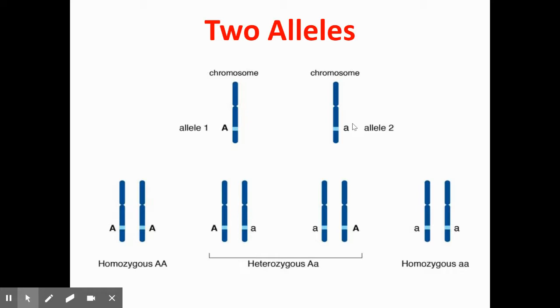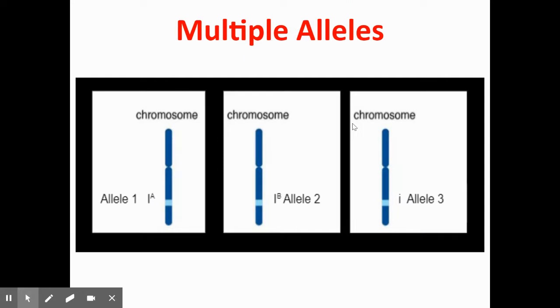Today, we're going to be looking at blood types, which is an example of multiple alleles. So what this means is that instead of having 2 different versions or 2 different alleles like capital A and lowercase a, in this example, we actually have 3 different alleles. So notice that we've got 3 different alleles. One allele is going to be represented with a lowercase i. And then we have 2 other alleles.